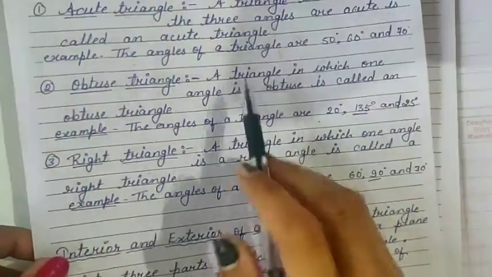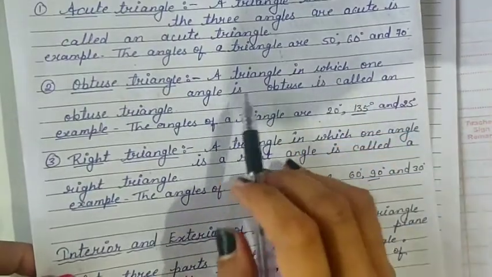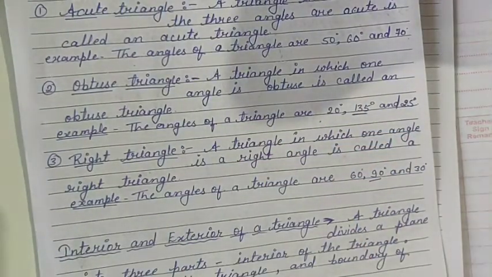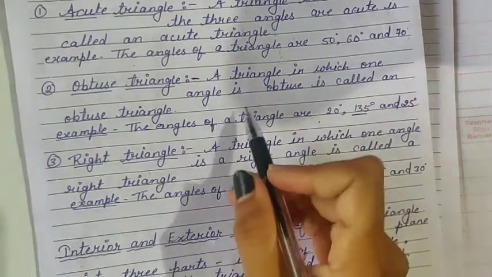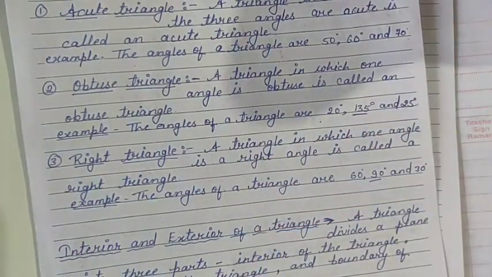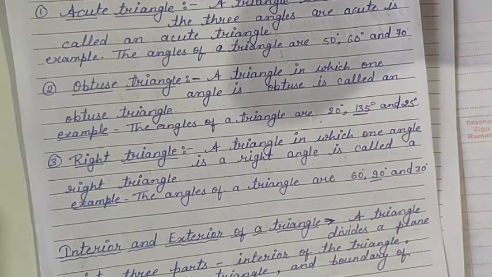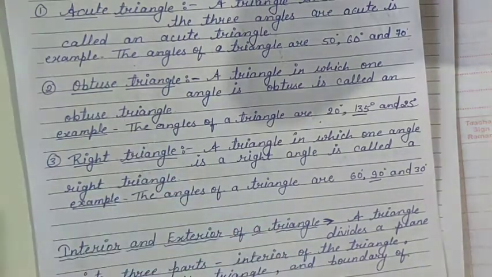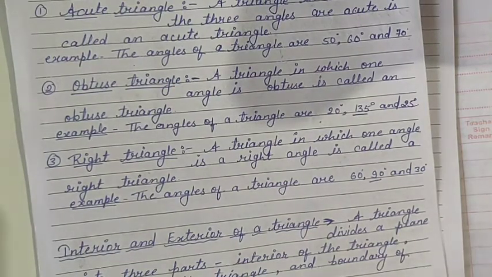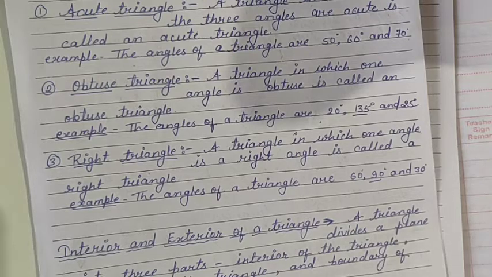Obtuse triangle. A triangle in which at least one angle is obtuse is called an obtuse triangle. Students, a triangle has maximum one obtuse angle. Okay, so that is called obtuse triangle. A triangle in which one angle is obtuse and the rest of the two angles will be acute angles.